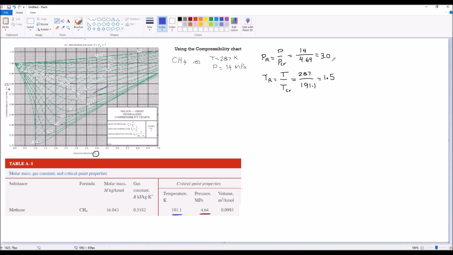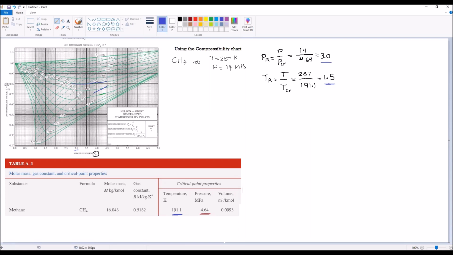So locate reduced pressure of 3, which is here, and we need to find the reduced temperature curve corresponding to the value 1.5. So this is the reduced temperature line corresponding to 1.5.